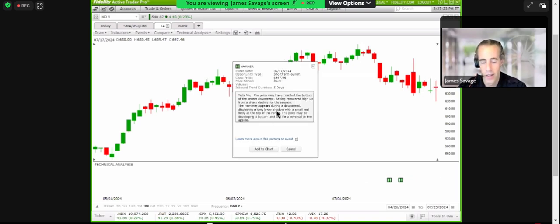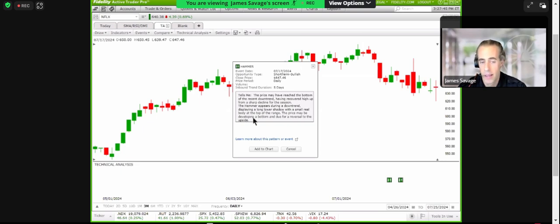By clicking on it, it's going to give us a brief description of what the hammer pattern is, where to look for it, in this case, where it's going to be appearing or where it doesn't appear. As we can see, a hammer appears during a downtrend, displays a longer lower shadow with a small real body at the top of the range.